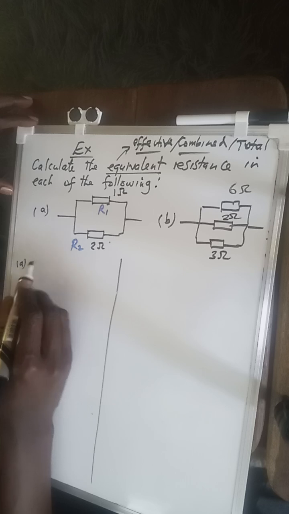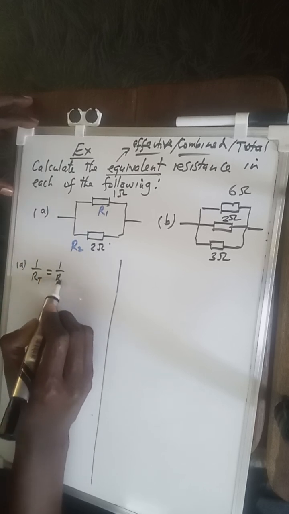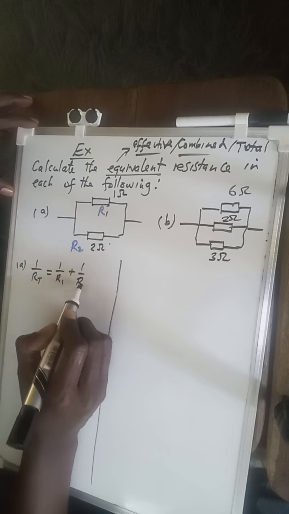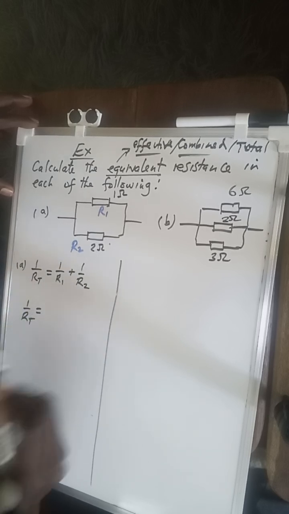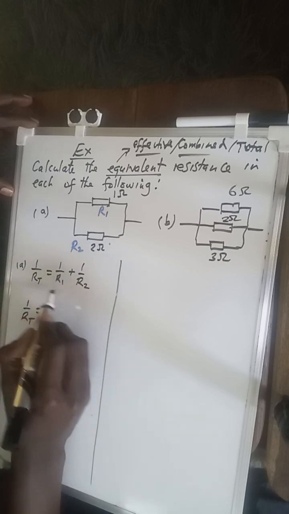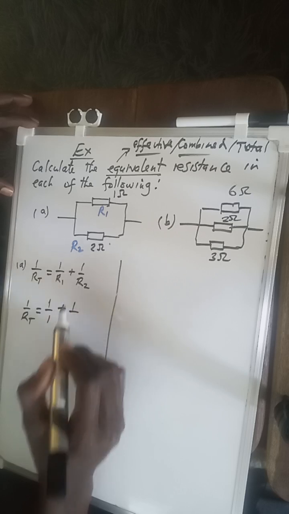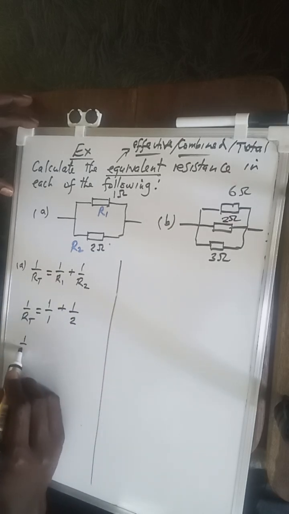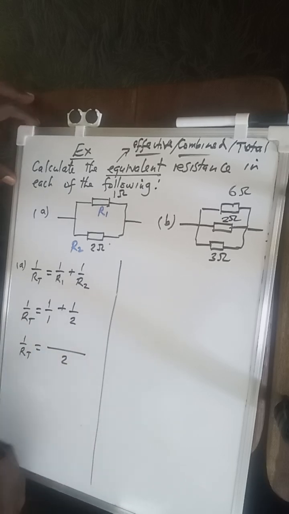So for the A part, 1 over R total is equal to 1 over R1 plus 1 over R2. So 1 over R total will be 1 over 1, plus 1 over 2. So 1 over R total will be equal to, you find the common denominator, which is 2.